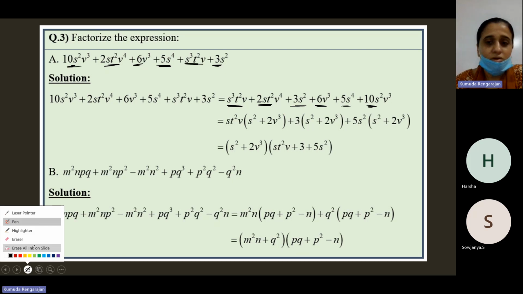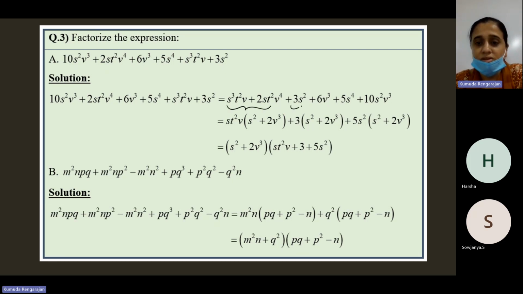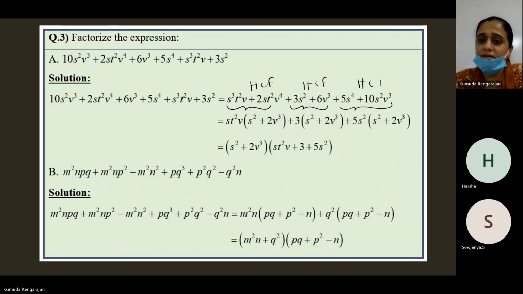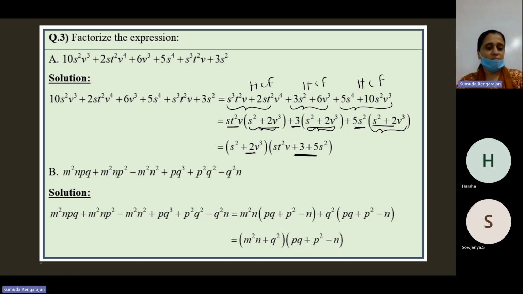So group these two terms, and these two terms. The rest, you'll have to take out the HCF, and you see that in the brackets, you get the same expression everywhere. So then write this once and gather all this and put them in another bracket. Yeah, please do it.